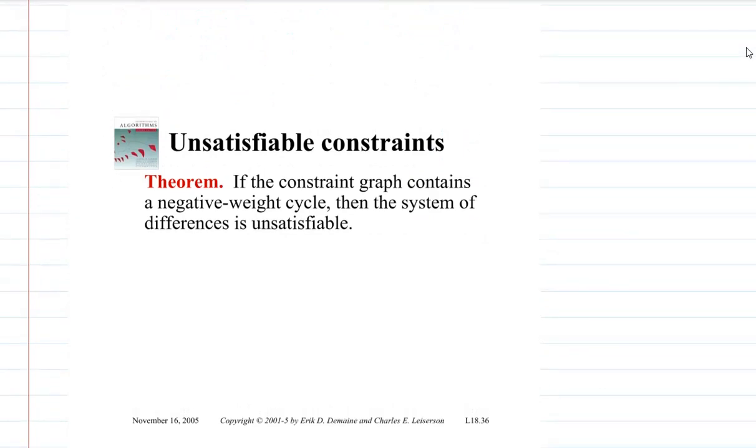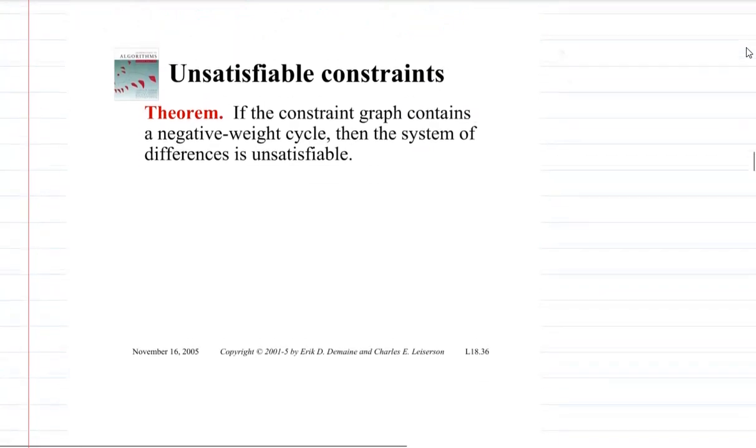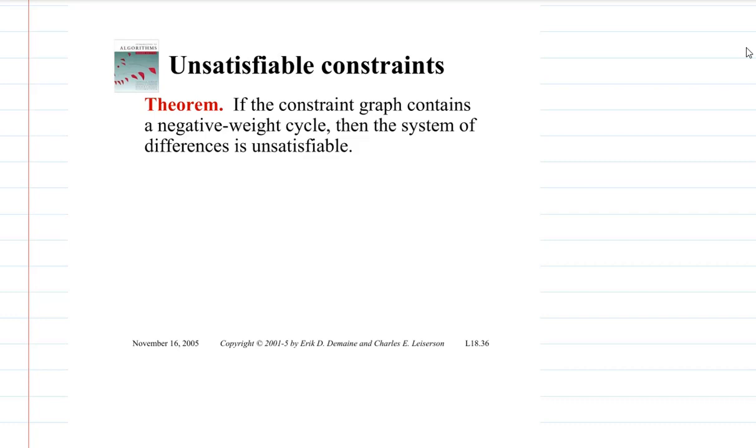Now, there are certain theorems which are helpful in this particular scenario. For example, the first theorem says that if the constraint graph contains a negative weight cycle, then the system of difference constraints is unsatisfiable.